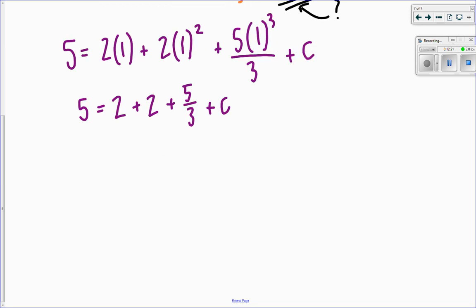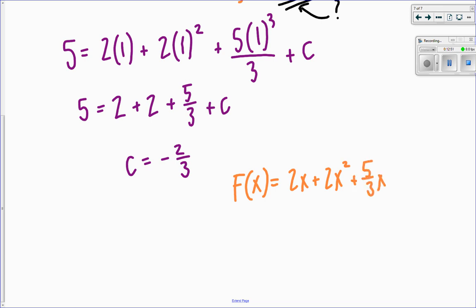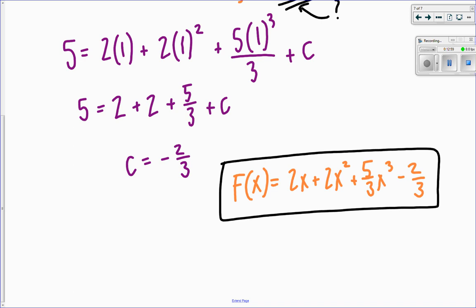When I move my things over and I do a little simplification, I solve and I get c is equal to negative 2/3, meaning my final answer, the actual function, because there's technically an infinite amount of functions who have a derivative 2 plus 4x plus 5x squared, but the specific one we're looking for would be 2x plus 2x squared plus 5/3 x cubed minus 2/3. We're finding the one and only.